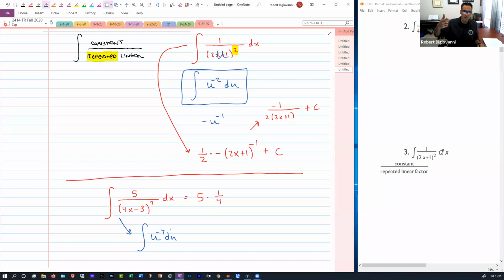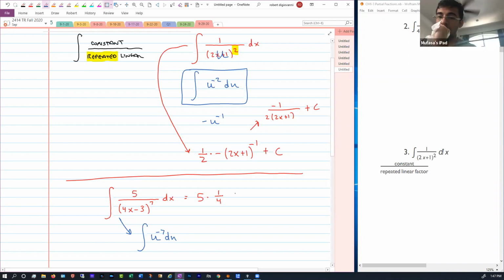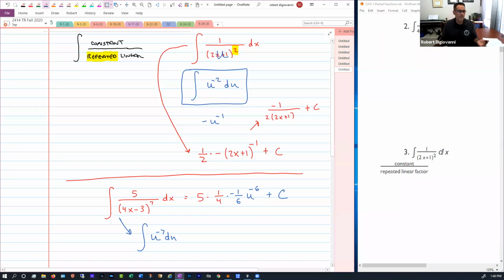Are you following me? You've got to let me know if you're not. I can go into more detail. The antiderivative of u to the negative 7 would be what? 1 over negative 6, u to the negative 6, and then we would have plus c, right? That's kind of what we would have.